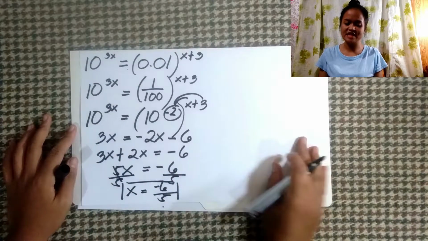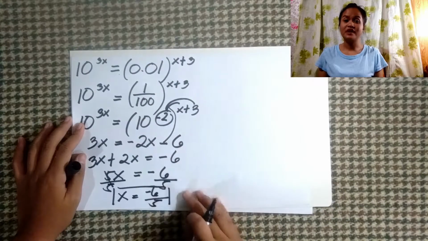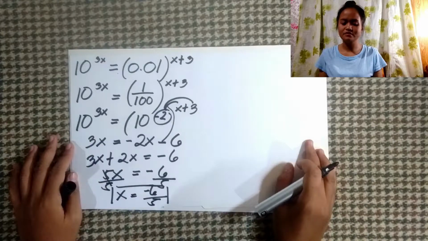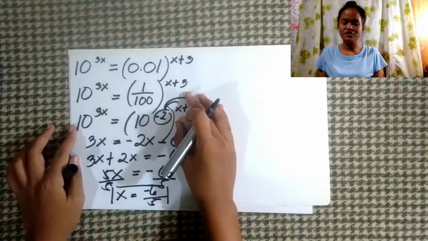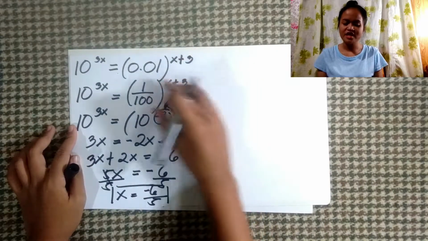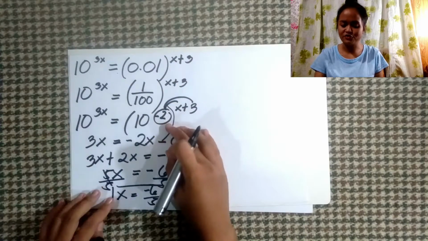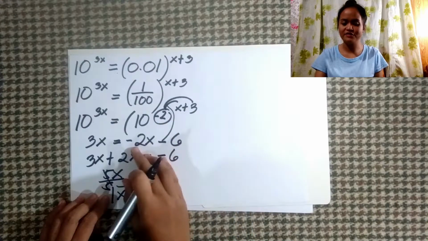Very easy steps on solving exponential equations with decimals. You just have to change the decimals into fraction form, then apply the law of exponents.